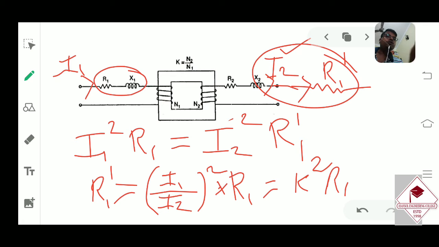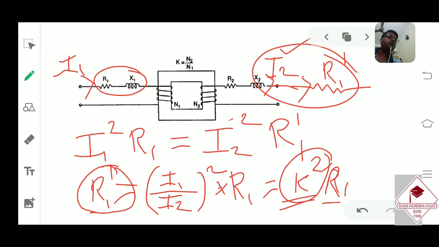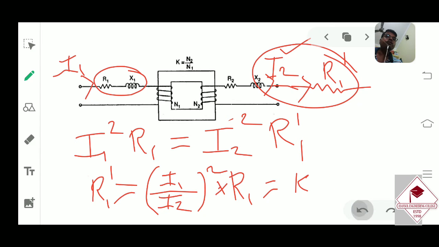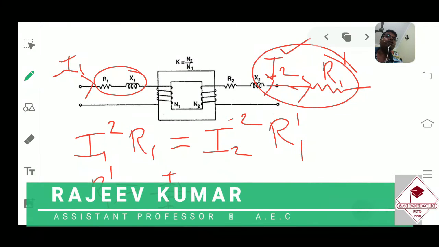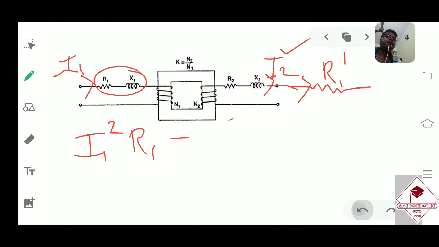So to find this R1 dash, the primary value of resistance referred to secondary, we need to multiply R1 by K square. In the same way, we can transfer the reactance also.